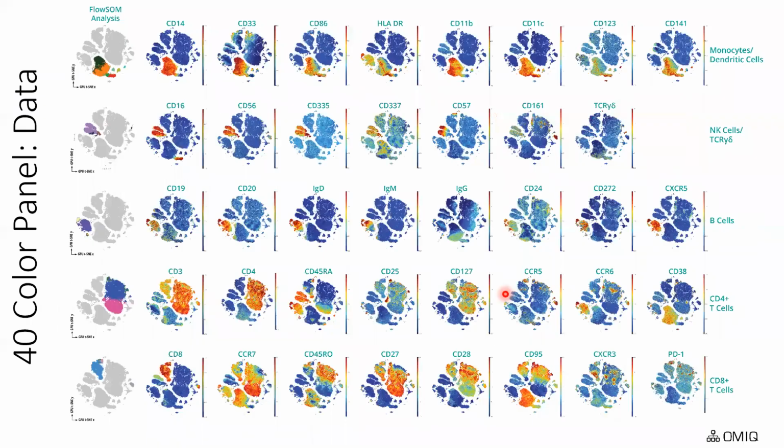For example, here you can see a 40-color panel that is shown in this multi-dimensional analysis platform. It is called tSNE. So, all these software also offer a very automatic platform for analysis, and it makes it really easier to gain all this information from these big panels.